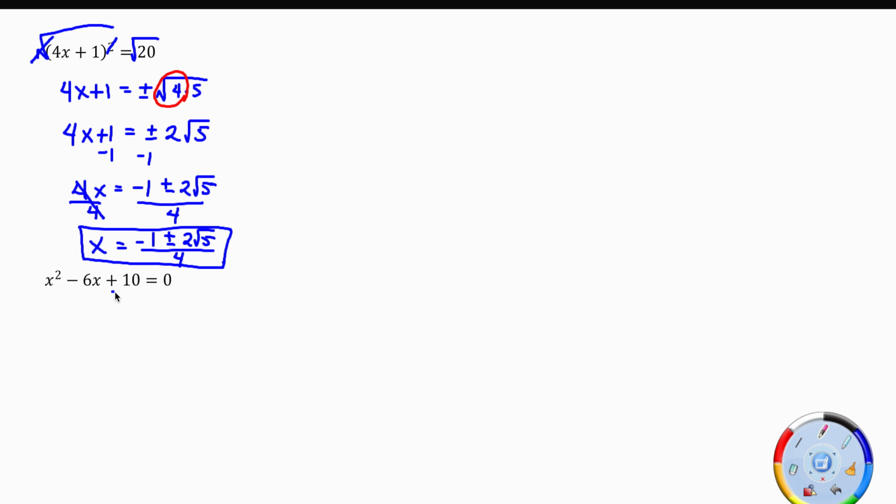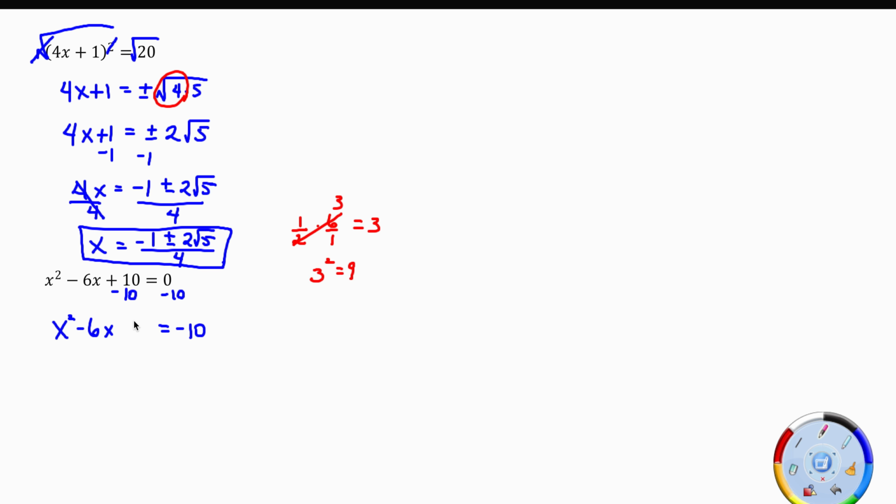First step on completing the square is move the constant to the other side. Then I want to take half of this middle term. So half of 6 is 3, and 3 squared is 9.